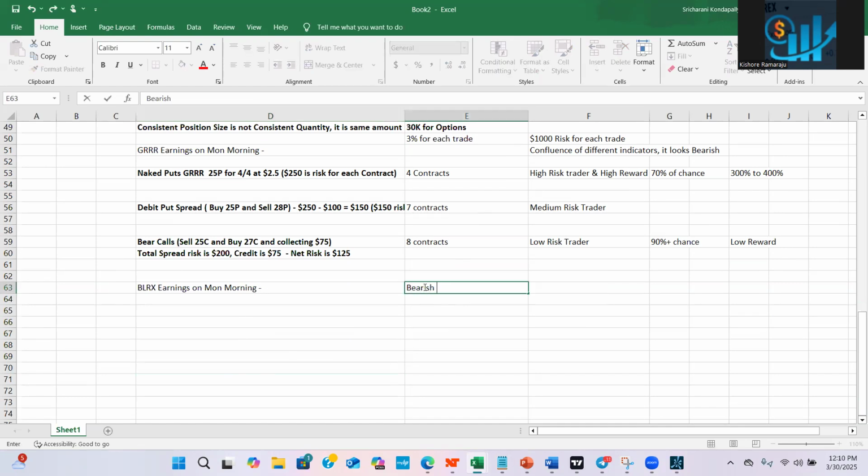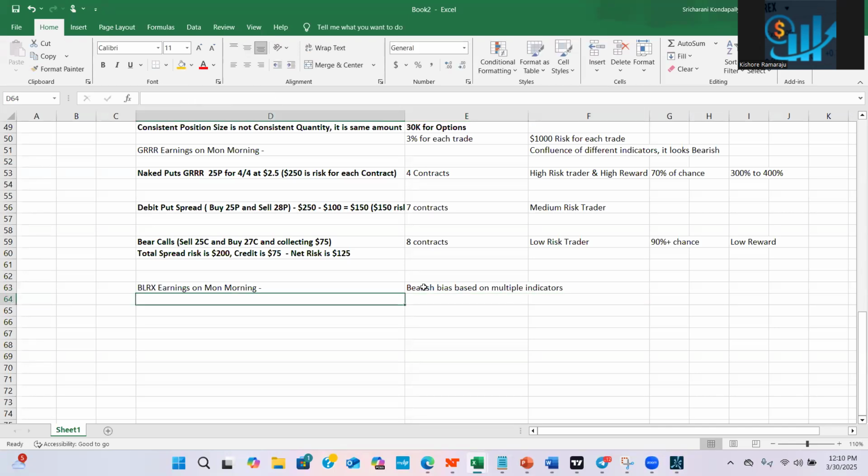Bearish. So it is also looking bearish based on multiple indicators. Again, I can buy the puts, I can do a bear call spread, or I can sell a call, right?